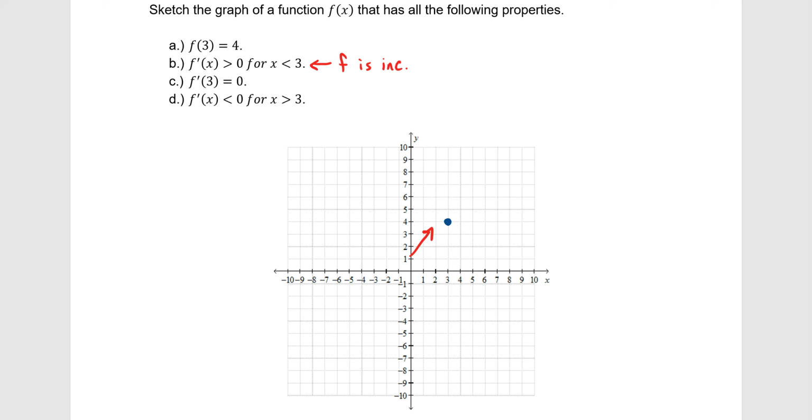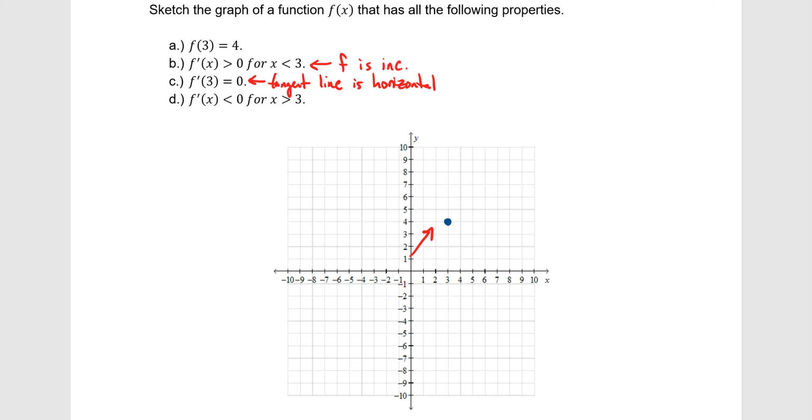And we know that f prime of 3 is equal to 0. That's going to mean a relative extreme point. Or for now, let's just say the tangent line is horizontal, because the slope of a horizontal line is 0.